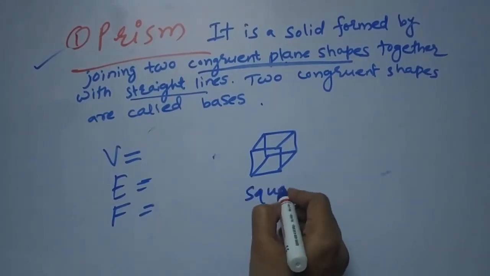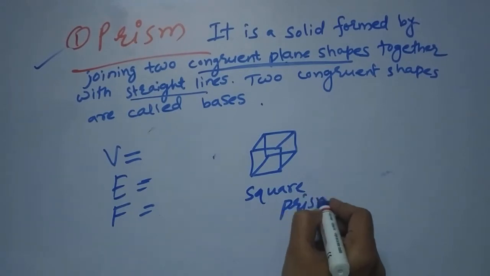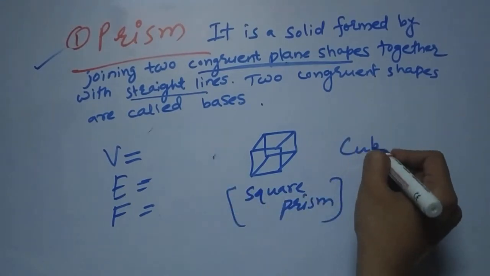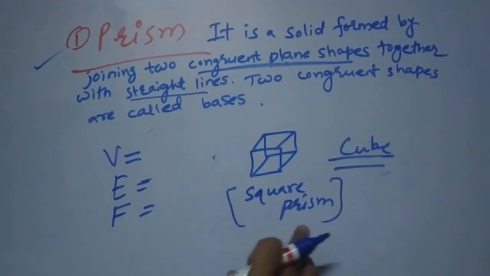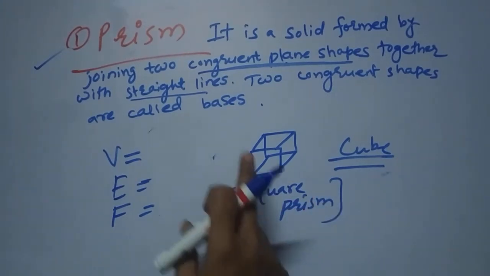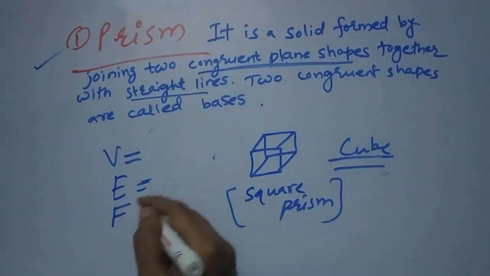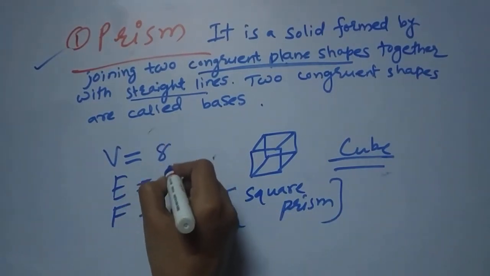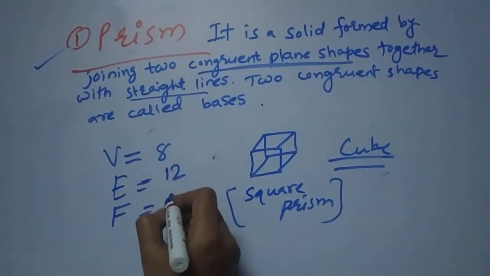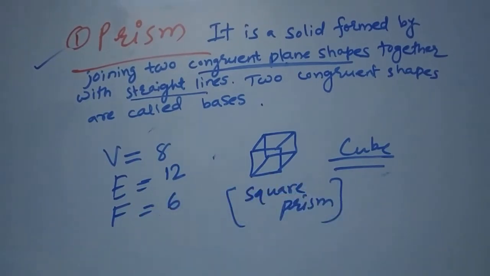A square prism. Generally you know it by the name of cube. Here all its faces are square, and the base is square, that's why it's called a square prism. Its vertices are again 8, edges are 12, and the faces are 6, and all 6 are squares.